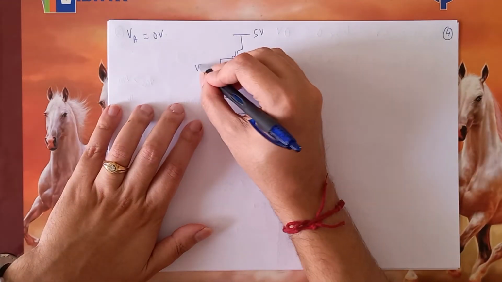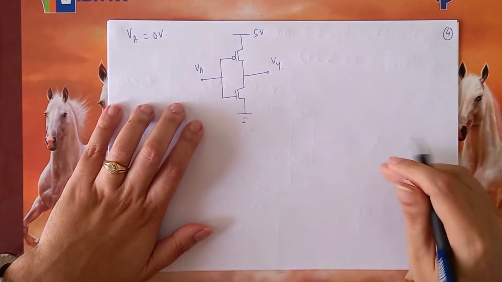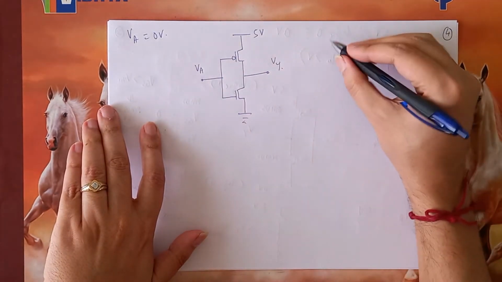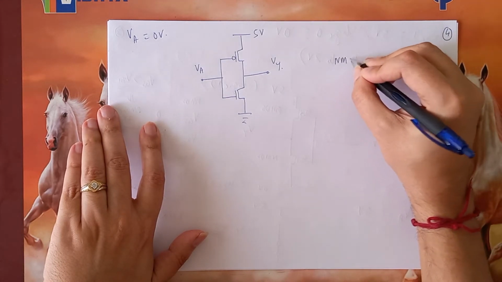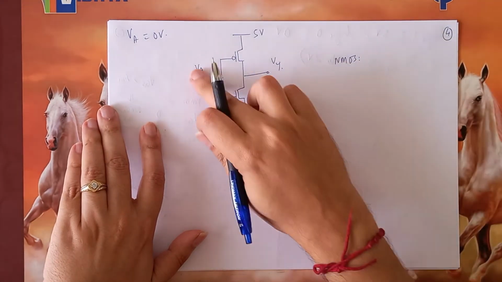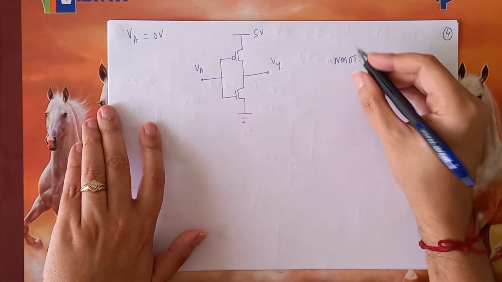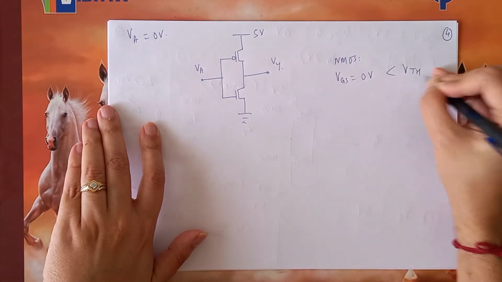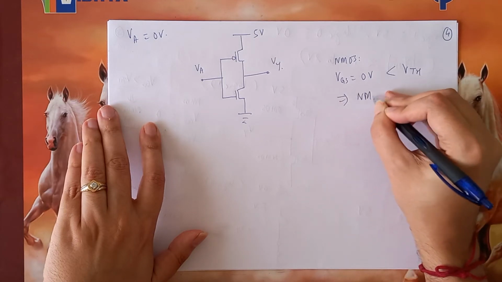Over here, this is Va, this is Vy. If Va is 0 volts, let's again write for the NMOS first. The Vg now becomes 0 and Vs is 0. So VGS is 0 volts, which is less than VTH. That means the NMOS is off.